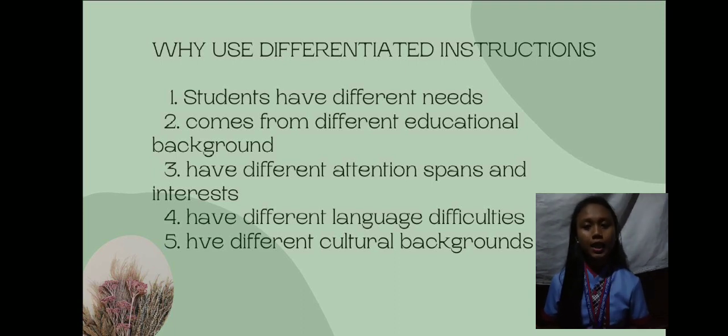The fourth one is students have different language difficulties. So, differentiated instruction is very important to help the students in overcoming the language difficulties that they have. And the last one is students have different cultural backgrounds. As we have discussed earlier, in a classroom there is diversity.